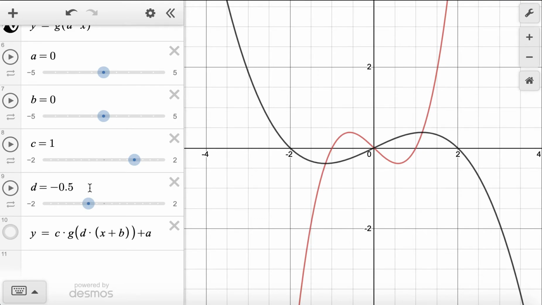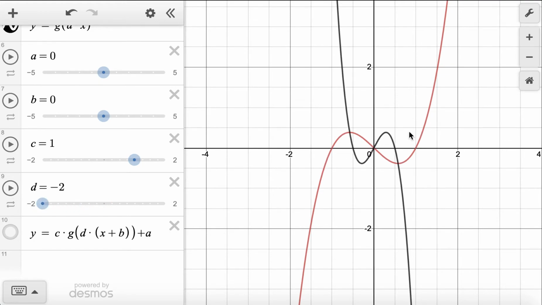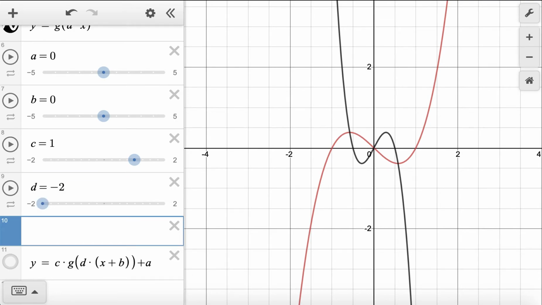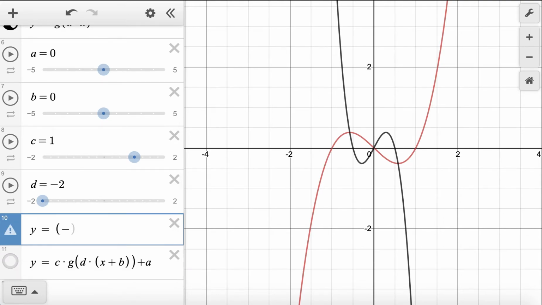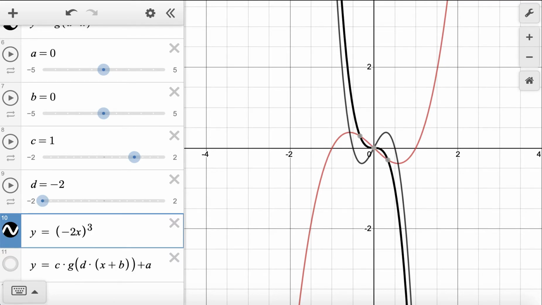Okay, so just to clarify, something like this, how would I change the original equation? This would look like y equals -2x cubed minus (-2x). It's important to use parentheses here.